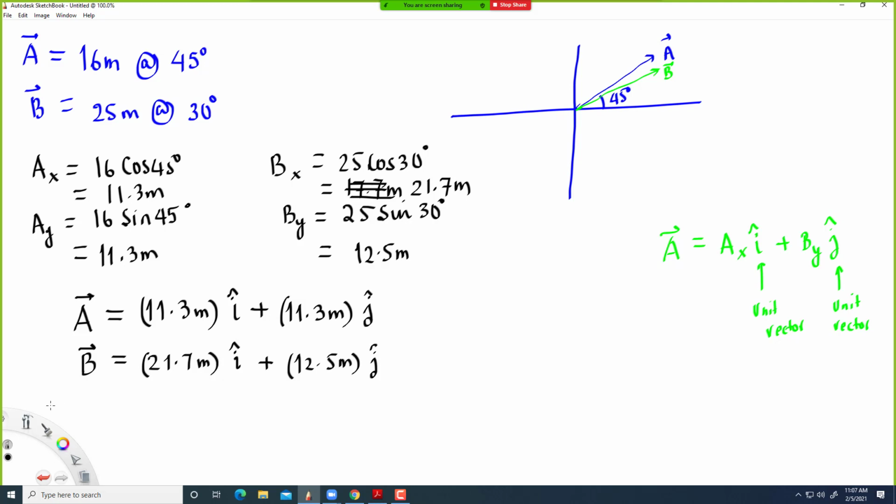Now part B is, what is the sum of these two vectors? Write your answer in the unit vector format, and magnitude and angle format. So to add these, or to get the resultant in terms of unit vectors, we can add i hat term with i hat term and j hat term with j hat term.